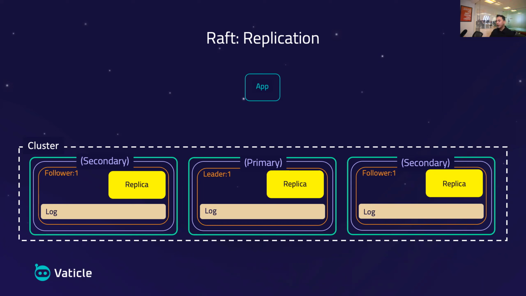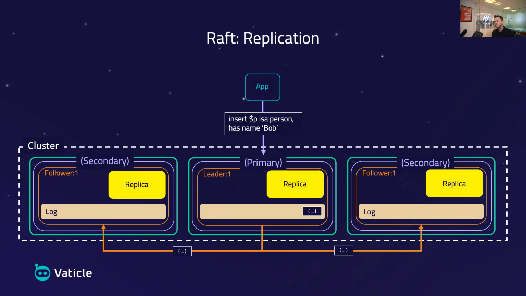So when an application performs a write operation using write transactions, for example, it does an insert of a person with name Bob, then this query or this activity will be stored in the replication log. This is a simplified version because we're actually not storing the query. We need to store it in a completely different way, but conceptually, it's as if the query is the activity that we're storing, right?